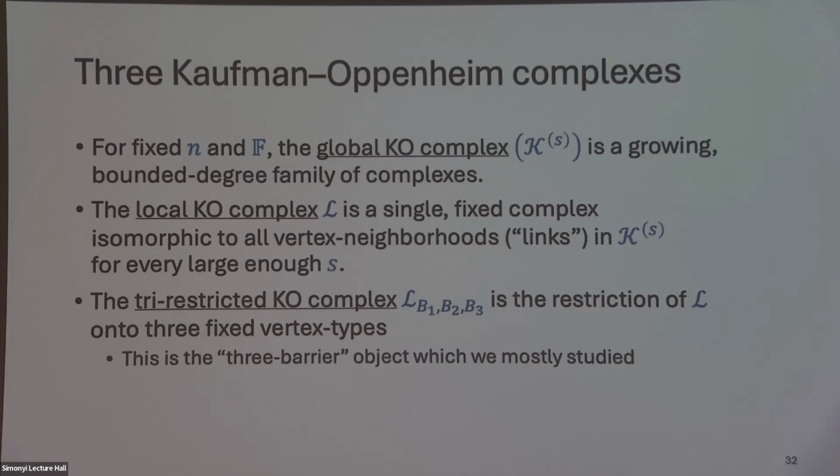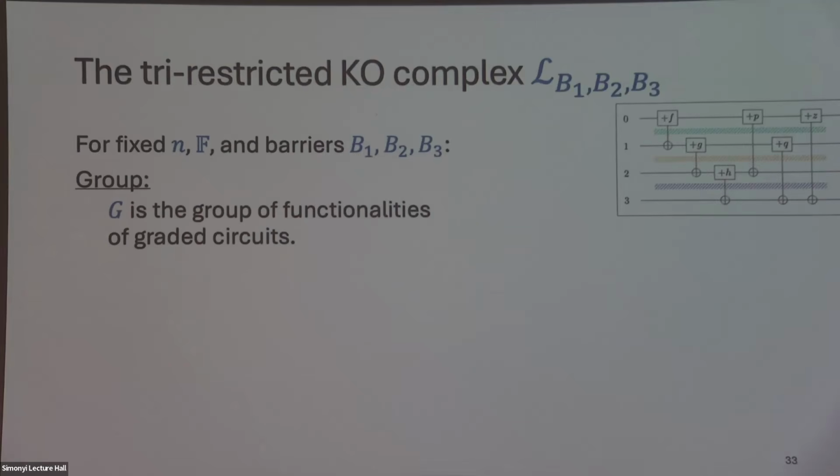So for instance, this is the n equals 3 case, but think n is much larger than 3, and there's three barriers, and you take G, the group that you're using to define the complex, to literally be the group of functionalities of all circuits, which is equivalent to the group of upper triangular matrices, where there's some restriction on the degrees of the polynomials in the entries: the diagonal that's one above the main diagonal is linear, two above the main diagonal is quadratic, and so on.